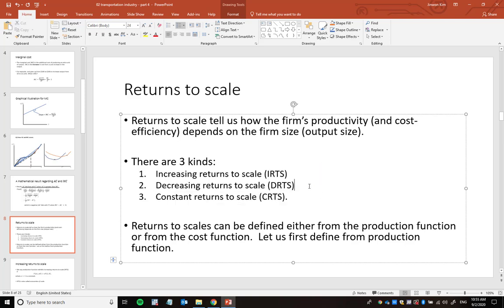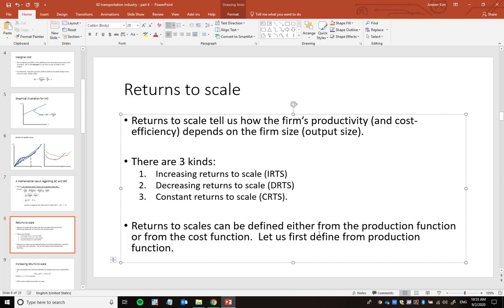Then we say that there are decreasing returns to scale. If the firm's productivity or cost efficiency does not depend on the firm's output size, then there is constant productivity, constant cost efficiency, and we say that there are constant returns to scale. The returns to scale can be formally defined from either the production function or the cost function.